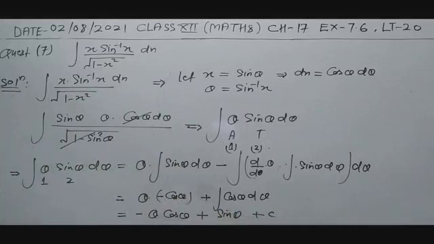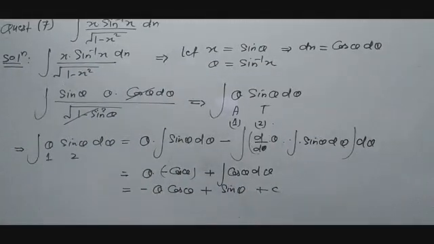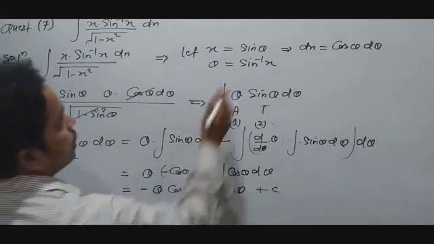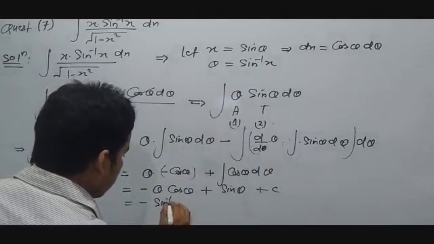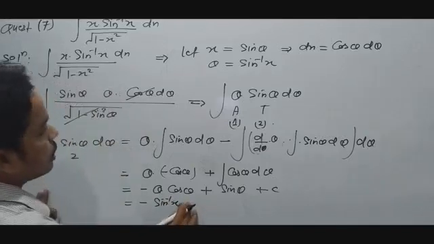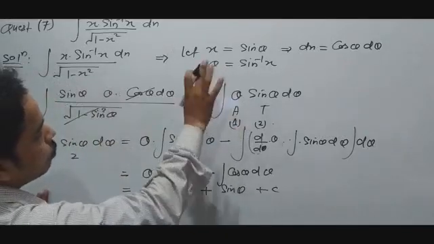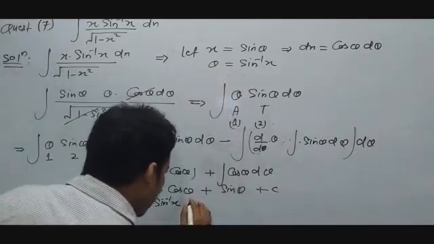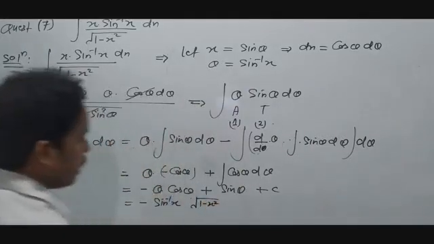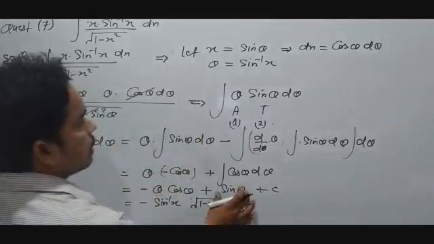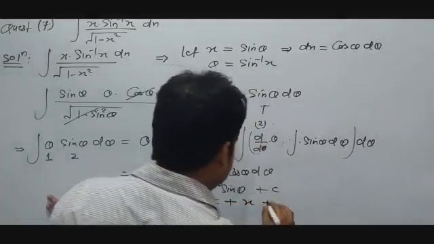And you have to reduce theta in terms of x. Theta is equal to, you know, result is minus sine inverse x, and cos theta in terms of sine theta we can write root over 1 minus sine square theta. So its result will be root over 1 minus x square, now plus sine theta you have considered x, now plus c.